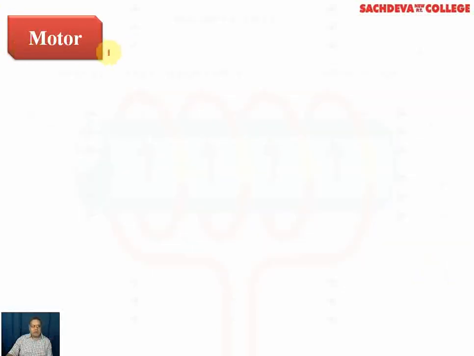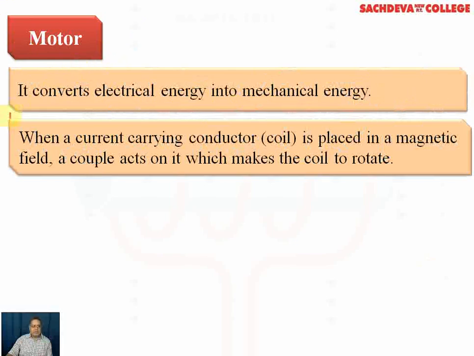So a motor has an operation which is the inverse of the generator. In the case of a motor, it converts electrical energy into mechanical energy. So electrical work will be supplied, and that is converted into mechanical energy. Mechanical energy means mechanical work done. When a current carrying conductor is placed in a magnetic field, a couple acts on it which makes the coil rotate.